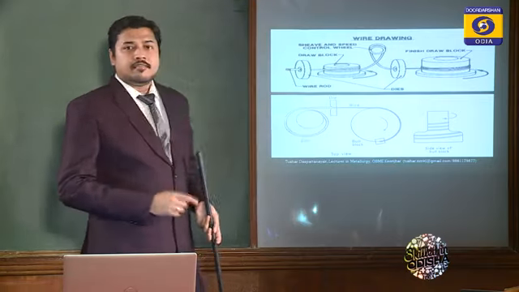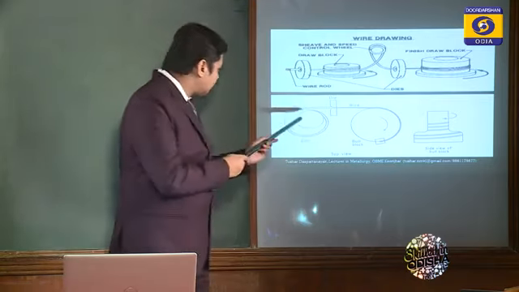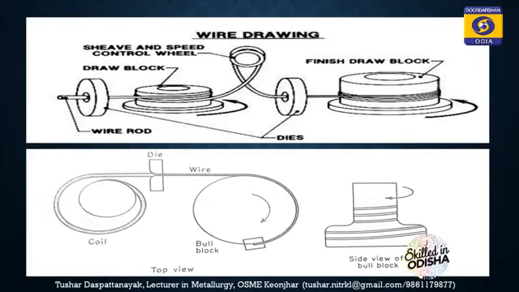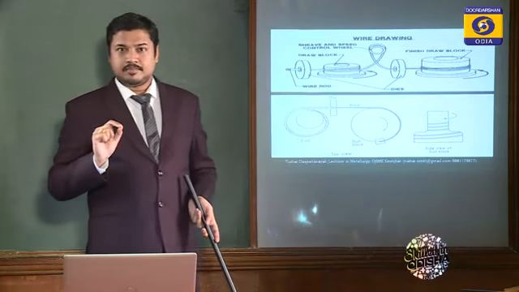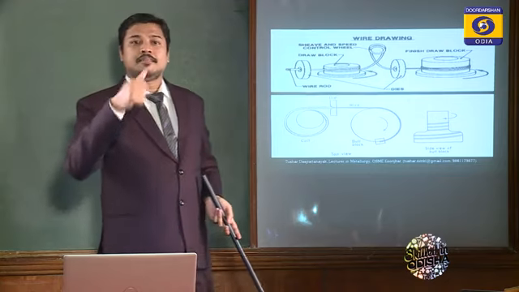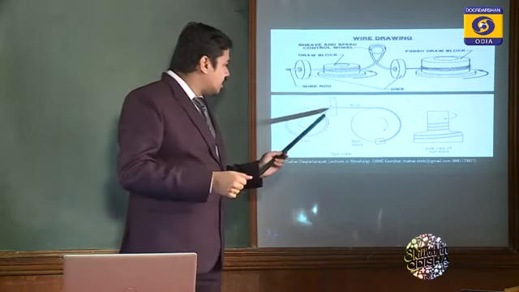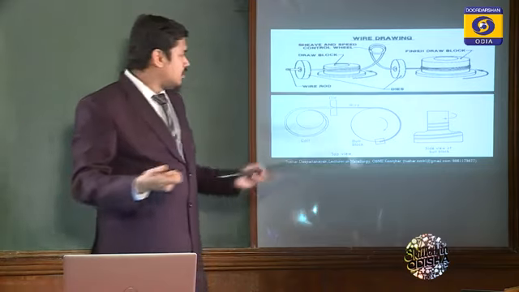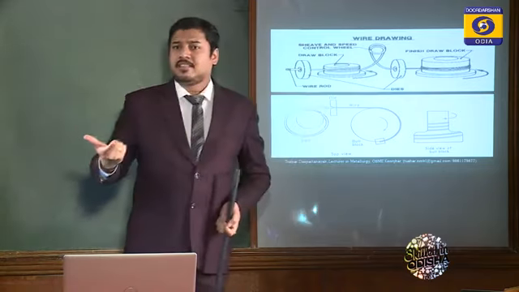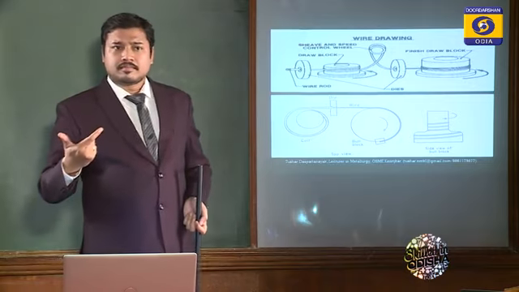Through the die with single pass. Like I passed for a single time. This is the 6 mm input. At one go I can't get 0.5 mm wire, because there will be severity of deformation. Die damage might happen. The rod might fracture.